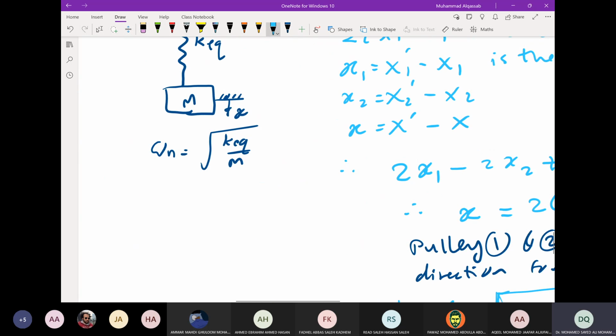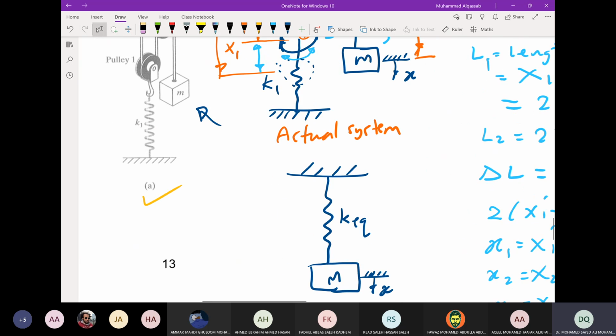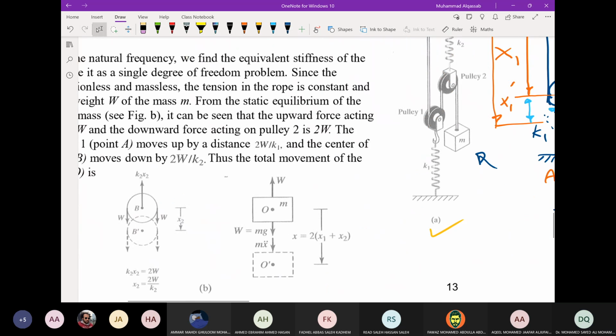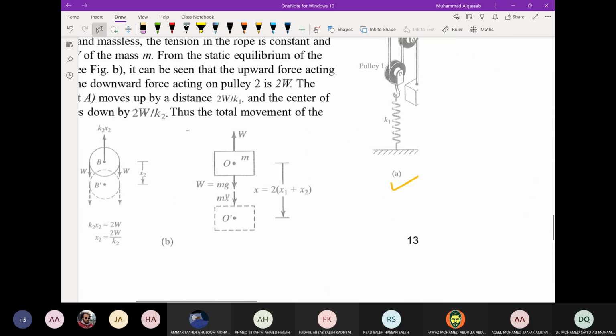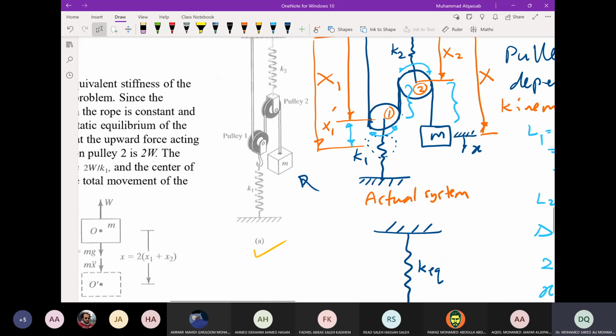So further thing we have to do is we draw the free body diagram of each pulley. Okay, we draw the free body diagram around pulley number 1 and around pulley number 2 and around the mass.